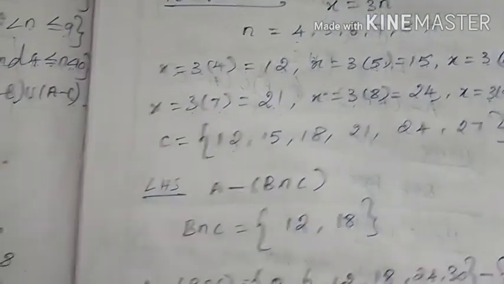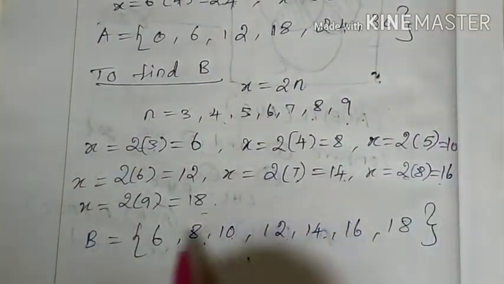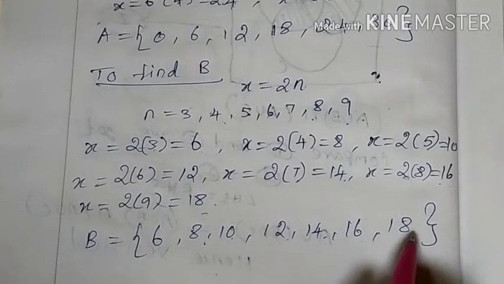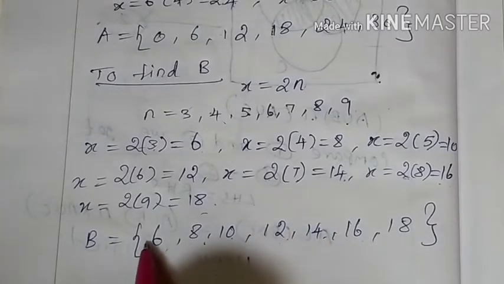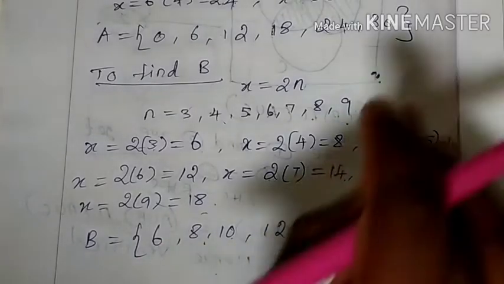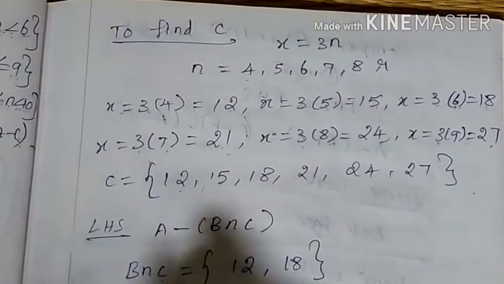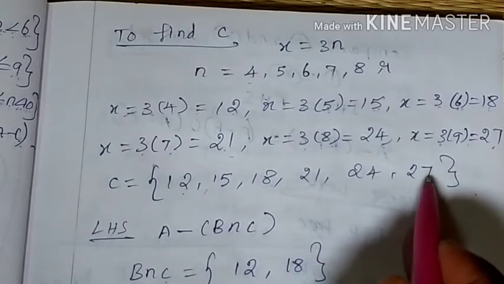Okay, B and C. B has the collection of numbers 6, 8, 10, 12, 14, 16, 18, so multiples of 2 between 4 to 20. Then C has 12, 15, 18, 21, 24, 27.